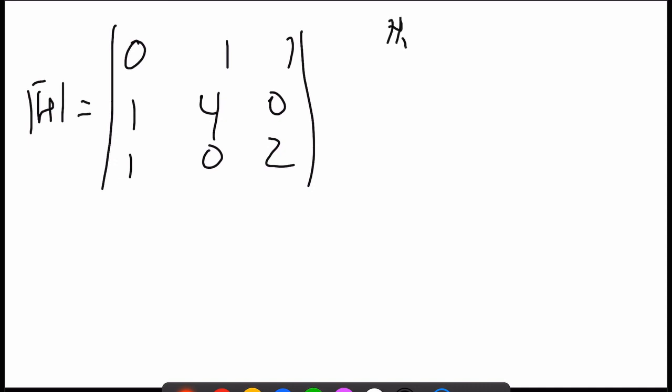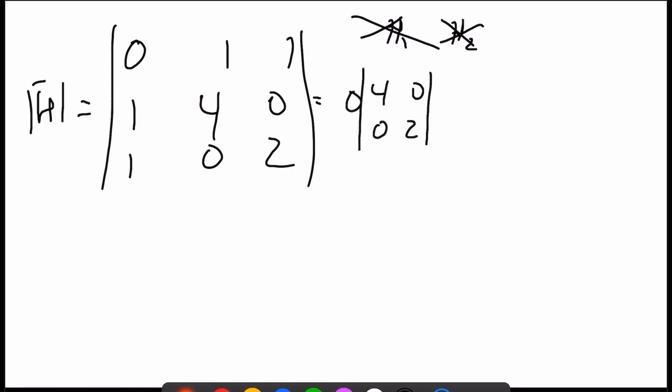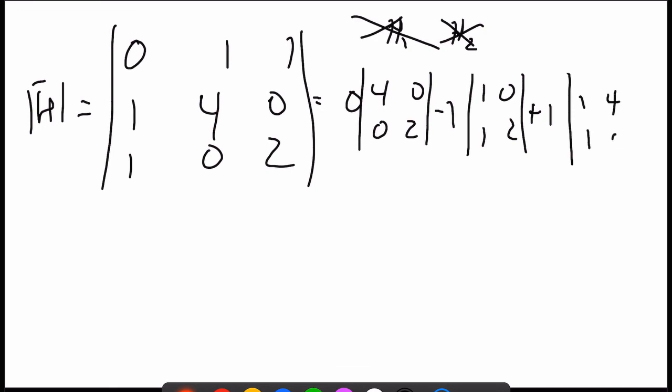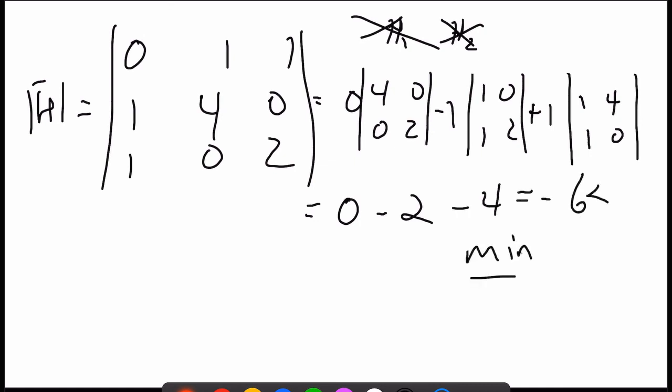We don't need to do H1 or H2. They're boring, right? So we just do the whole thing, which is 0 times 4, 0, 0, 2, minus 1 times 1, 1, 0, 2, plus 1 times 1, 1, 4, 0, equals 0, minus 2, minus 4 is minus 6, and again, we have a min. Okay, it's positive definite, it's a min.